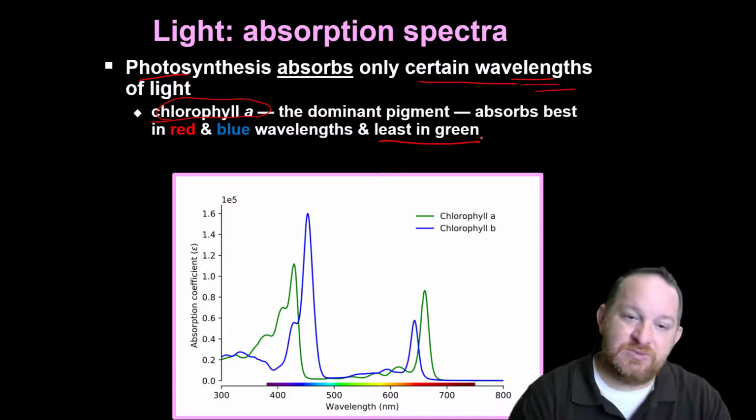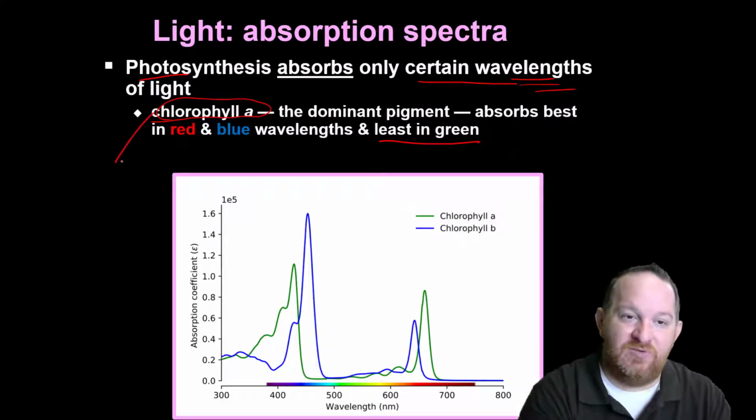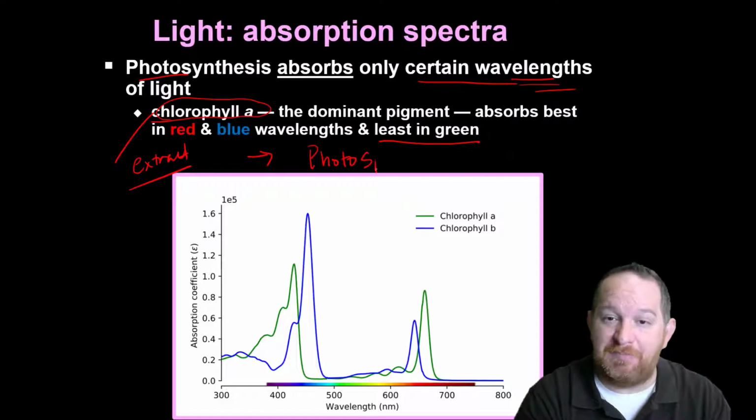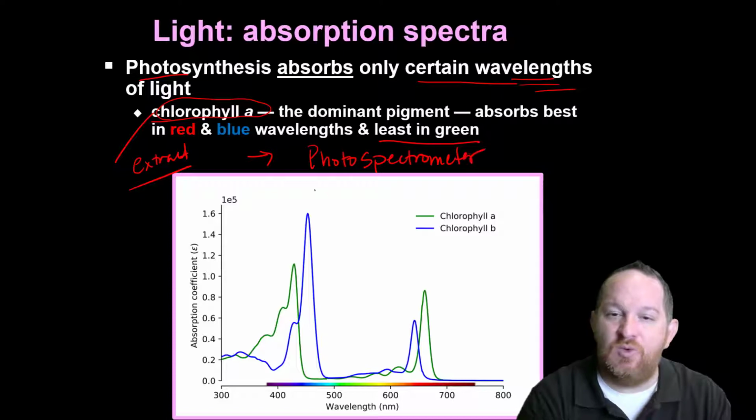How do we know this? Well, we can actually do an experiment where you extract chlorophylls, and then you put it in a fancy machine called a photospectrometer. Basically what that's doing is it will analyze the absorption of light.